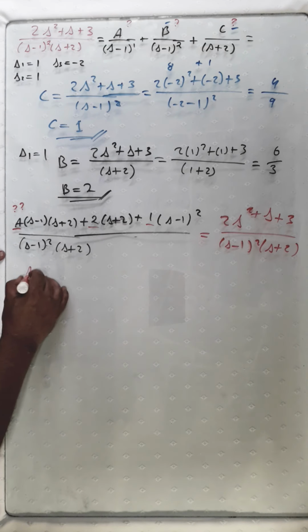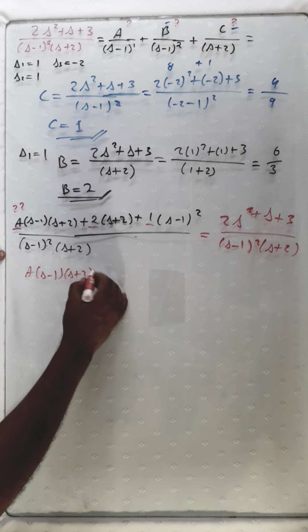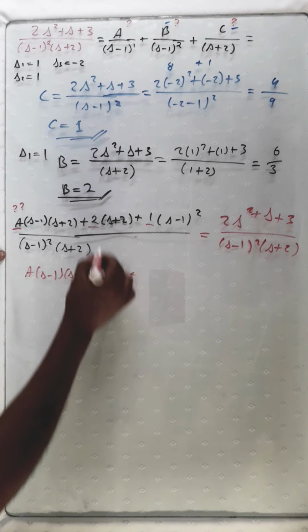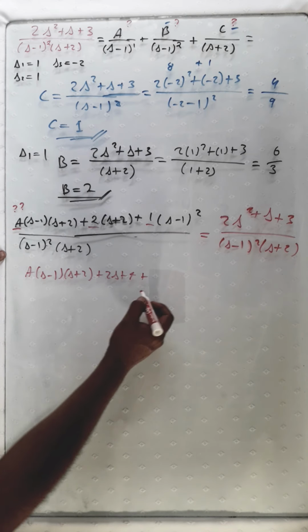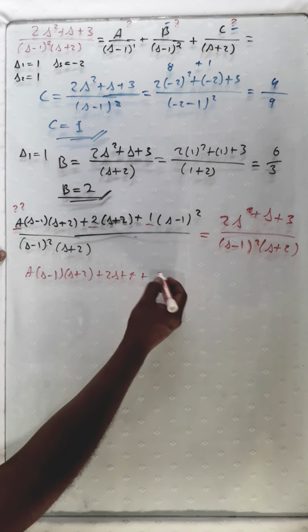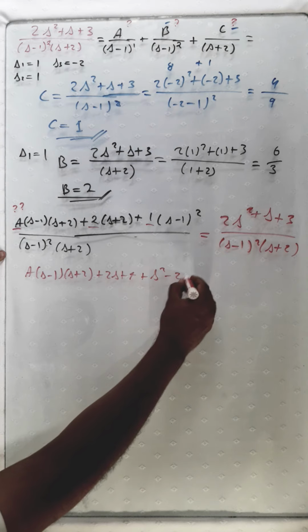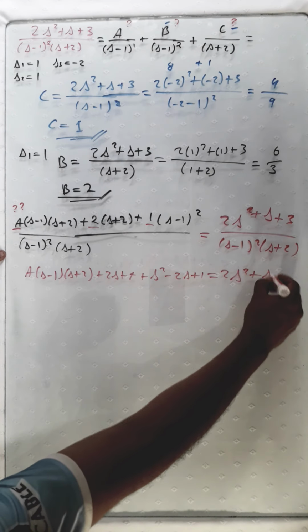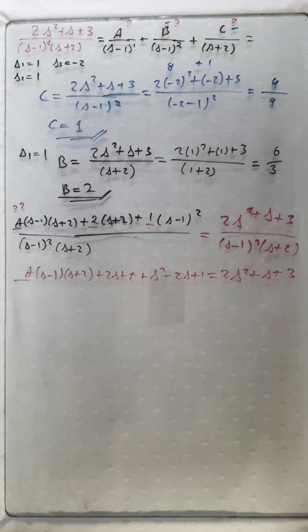So the numerator is A(s minus 1)(s plus 2), and then here plus 2s plus 4 if we do the multiplications, plus here if we do the binomial, you can do it or you cannot do it, it is up to you, s squared minus 2s plus 1, and that is equal to 2s squared plus s plus 3. So the only thing to calculate is the value of A.